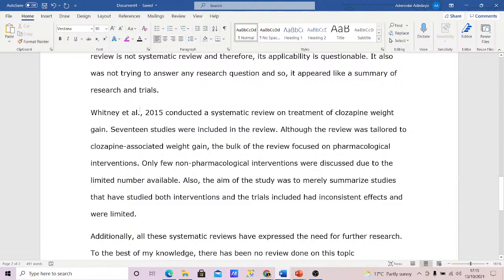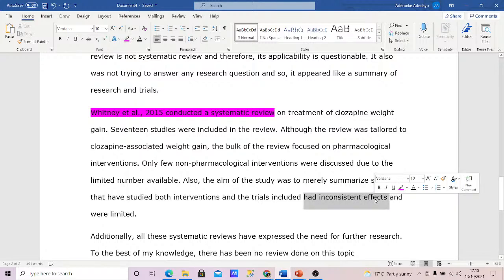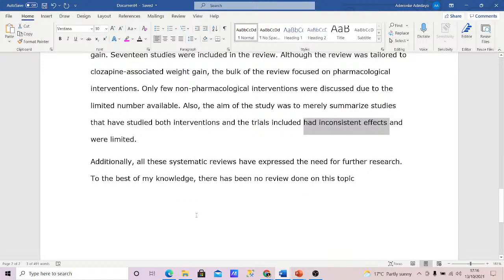So this is another systematic review here by Whitney that is also checking out that, and that one also found out, you see, there were inconsistencies in the results, right? So, additionally, all these systematic reviews have expressed the need for further research.